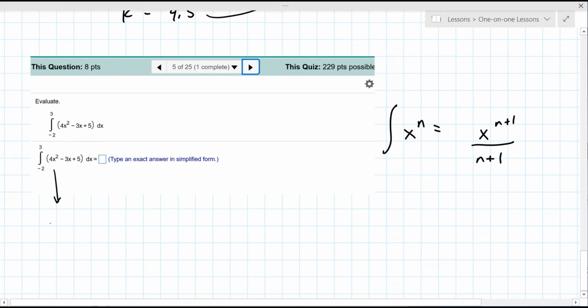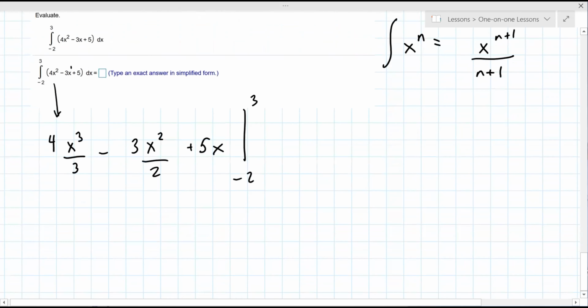So this becomes 4x cubed over 3 minus 3. There is a 1 there, so it becomes 3x squared over 2. This 5, you put an x with it. Then you put the 3 in first, and then the minus 2.